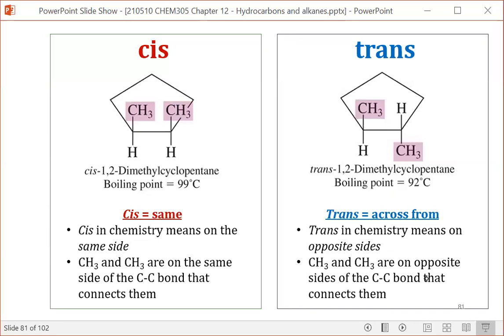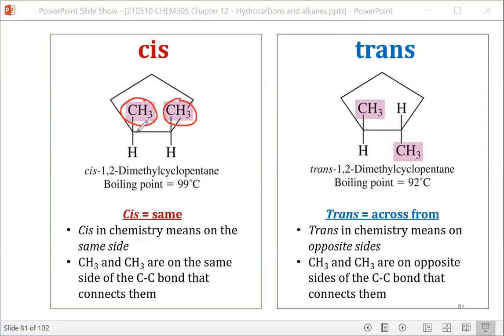So cis means the same. So a cis isomer means that 2 similar structures or groups are on the same side of a carbon-carbon bond that can't rotate. So the carbon-carbon bonds that don't have free rotation are single bonds that are in a ring, double bonds, and triple bonds. So if you have a cis isomer, what that means is that 2 similar groups are on the same side of the bond.